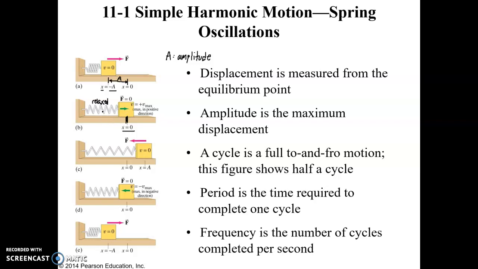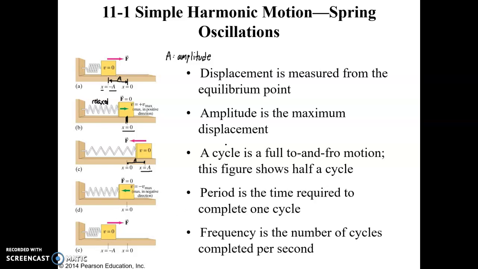There's no friction here, and there's nothing to really stop it, so it shoots right past this point. It keeps going until the spring is stretched out to its furthest point, where x equals A. This is the maximum amplitude A, where the box is stretched out all the way to the right. Then the box comes to a stop, and it goes back and forth and back and forth. That back and forth type of motion is called oscillation.